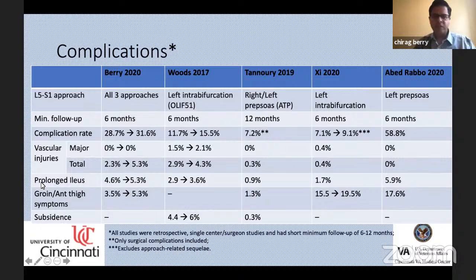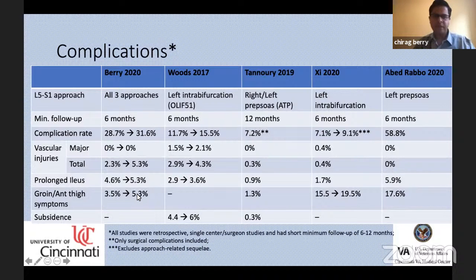That's true even for prolonged paralytic ileus, which jumps from 4 to 5%, or from 3 to 3.6%, and so forth, almost up to 6% in Abed-Rabo's paper. Groin pain or anterior thigh symptoms like numbness or pain, or sometimes even weakness of the iliopsoas, is common with the OLIF approaches. That's because of the amount of retraction that the psoas might require, and that tends to be higher when L5S1 is included.